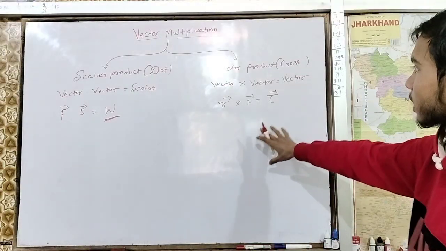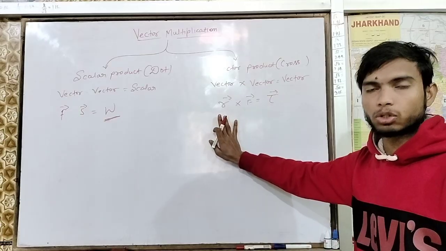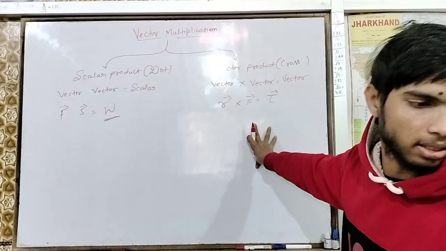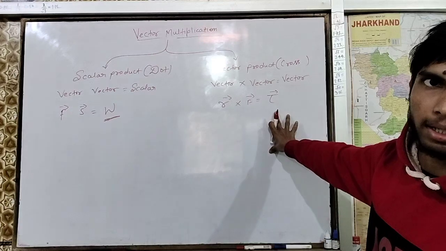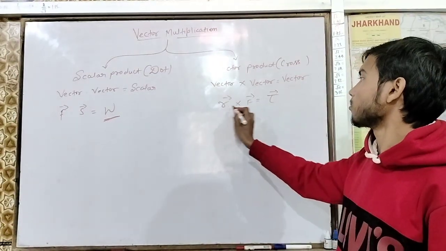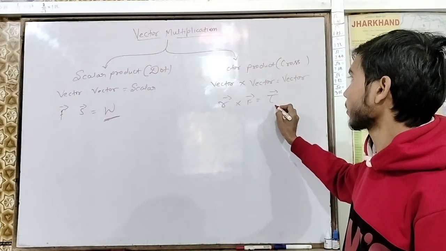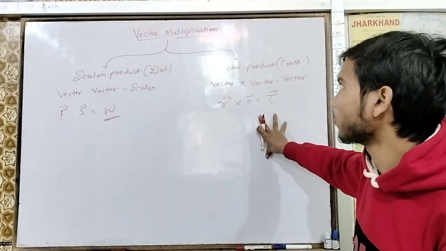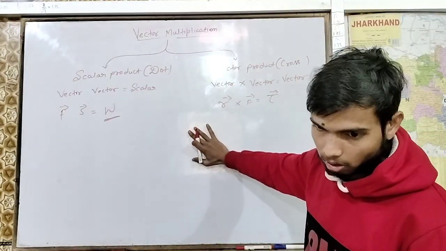Here you can see the r vector multiplied by the force vector, related to rotation. The result is the torque vector. Multiplication of both vectors gives a vector again. This type of example is called a vector product or cross product. The earlier type of example is called a scalar product or dot product.